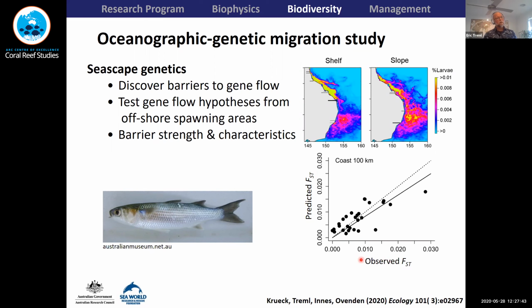And by using this structure, he was able to lend good support for the model that suggested that the sea mullet spawns 50 to 100 kilometers upstream from the estuaries and near shore, not offshore or on the slope area. So again, a really cool application integrating biophysics with genetics to learn more about the life histories.